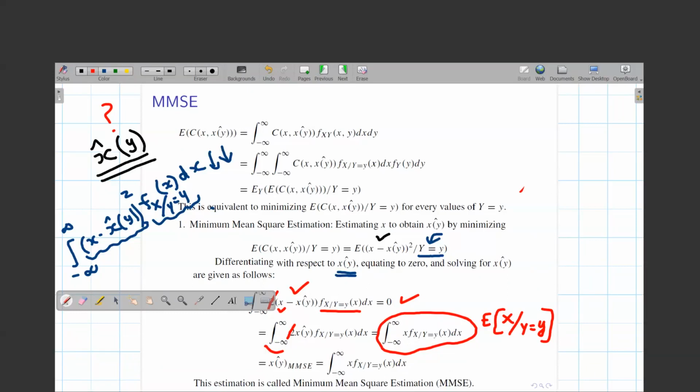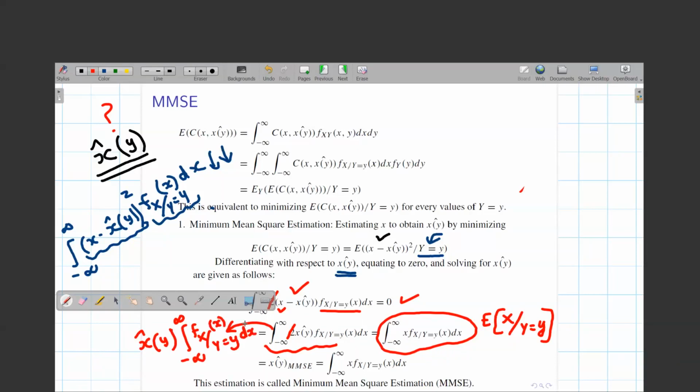On the left-hand side we have x cap of y, which is the value we wanted to find. The area under the conditional density function is 1. Take x cap of y outside, and you get the complete integral over the conditional density function, f of x given y equal to y of x dx.